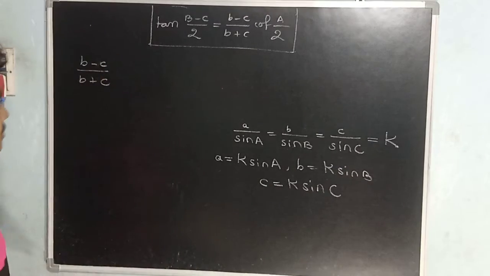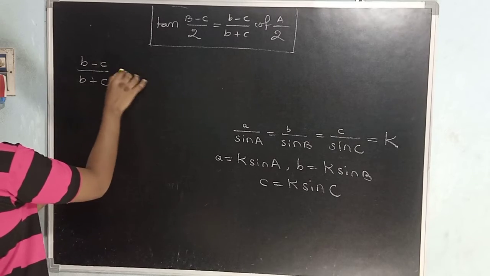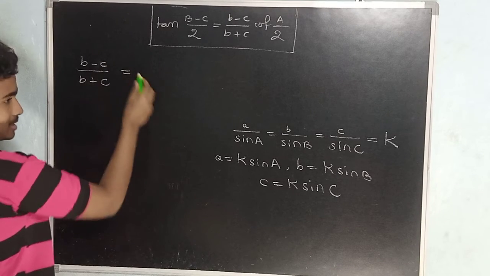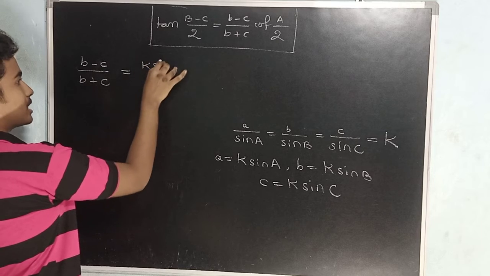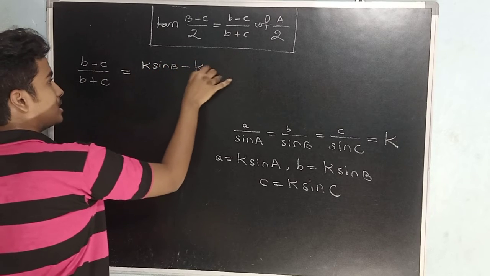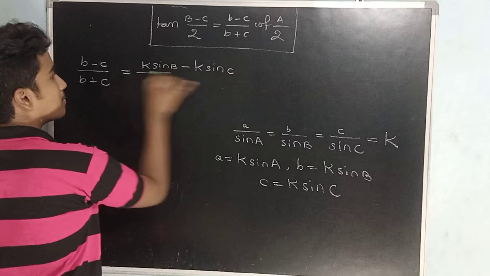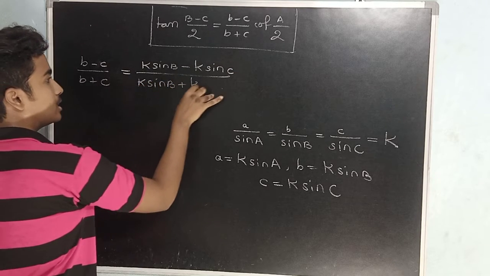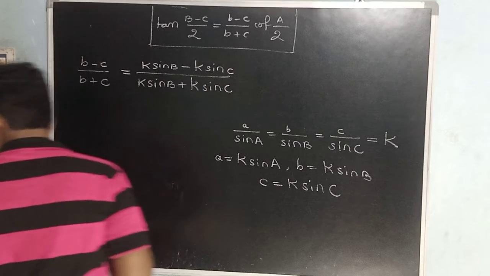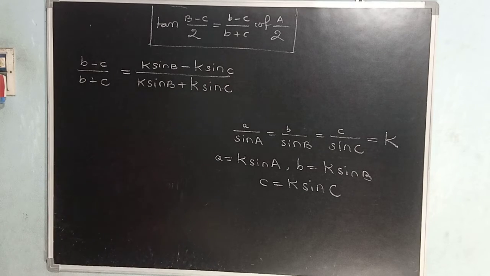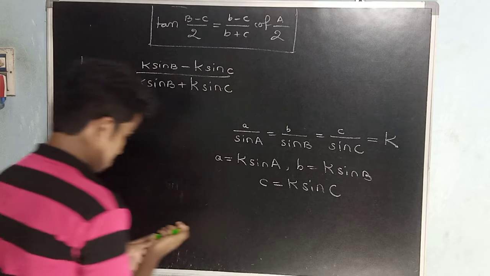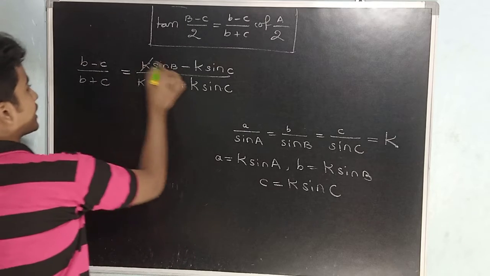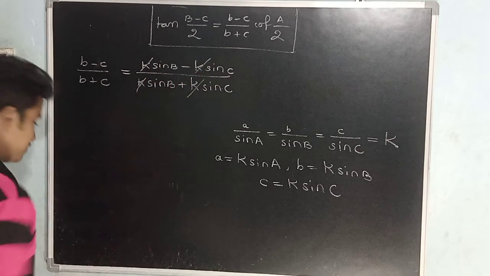Substituting these values in this equation, what are we going to get? b minus c by b plus c is k sin B minus k sin C by k sin B plus k sin C. Here k gets cancelled.